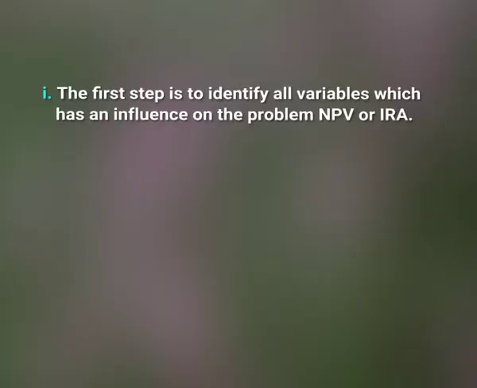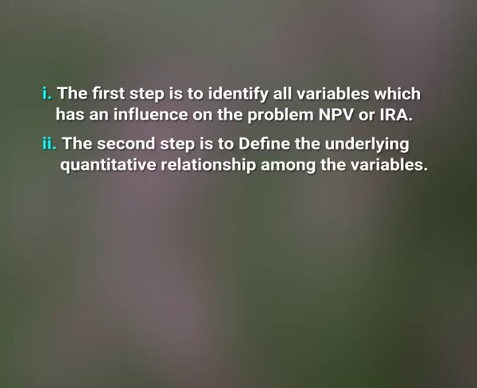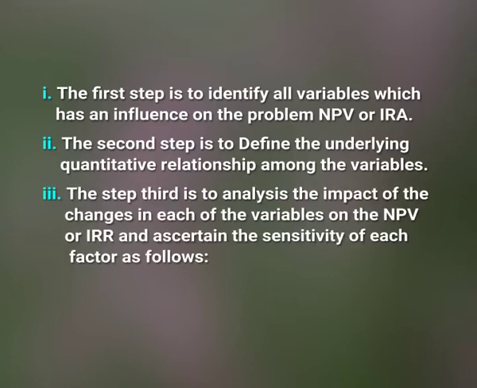Now, sensitivity analysis basically involves the following steps. The first step is to identify all variables which have an influence on the project's NPV or internal rate of return, that is IRR. The second step is to define the underlying quantitative relationship among the variables. The third step is to analyze the impact of the changes in each of the variables on the NPV or IRR and ascertain the sensitivity of each factor as follows: sensitivity of cash outflow is PV of cash flow after tax minus PV of cash outflow, multiplied by 100.